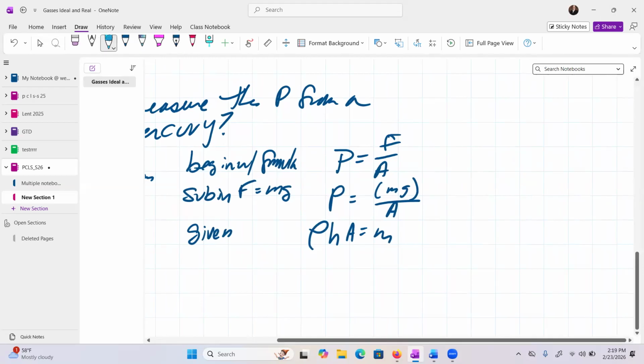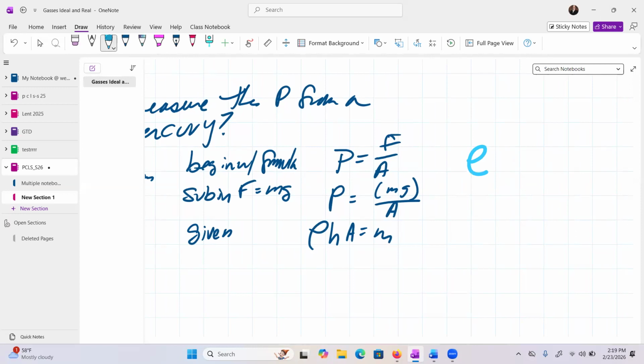This rho is density. H is height. A is area. And V is volume.